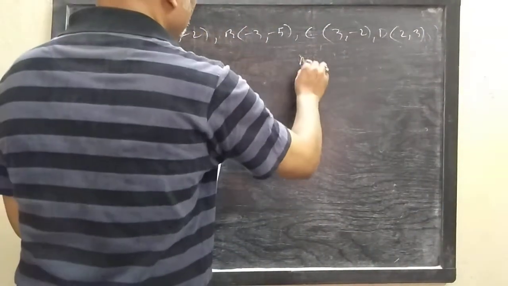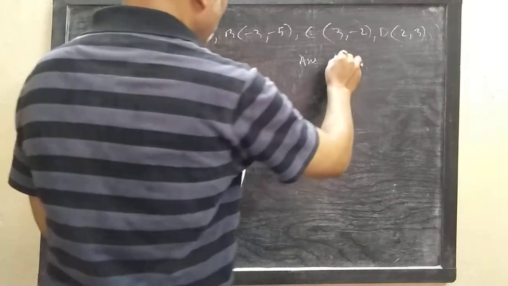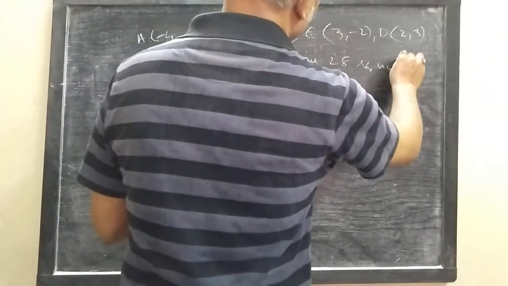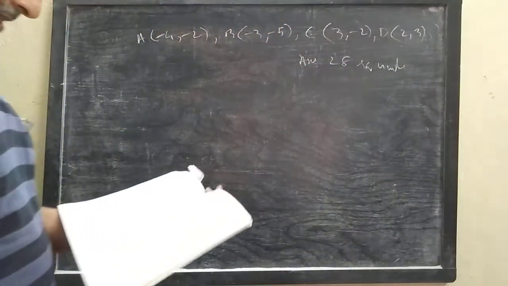And your answer is 28 square units. Don't forget to write square units. Otherwise, 1 mark will be deducted.